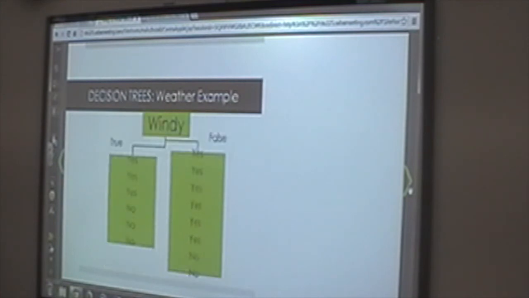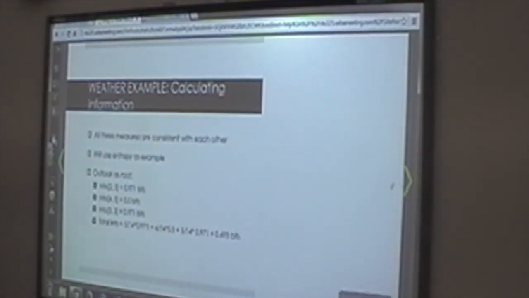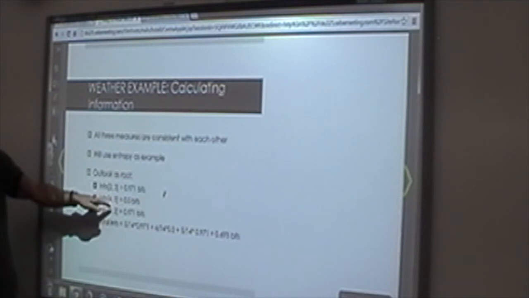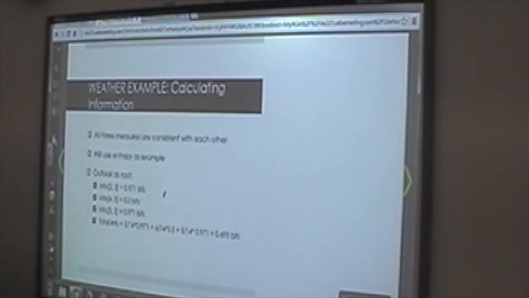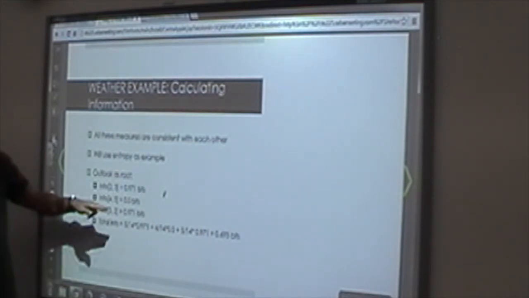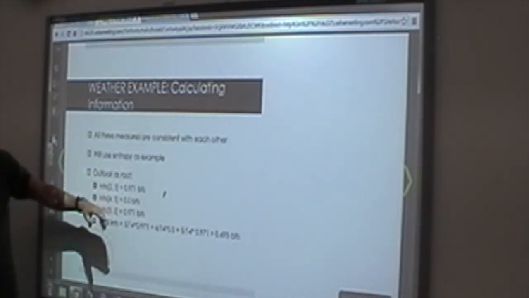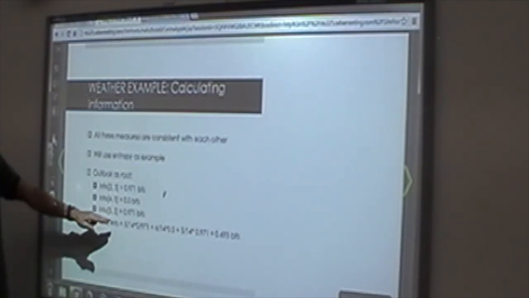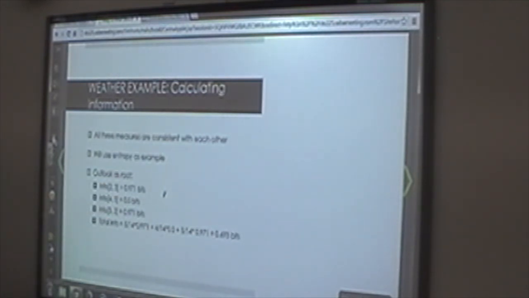So moving forward, here are the actual calculations. The information of 2 yeses, 3 nos is 0.971, of 4, 0 is 0. We saw that. And then the info of 3, 2 is again 0.971. So we're interested in the total information.